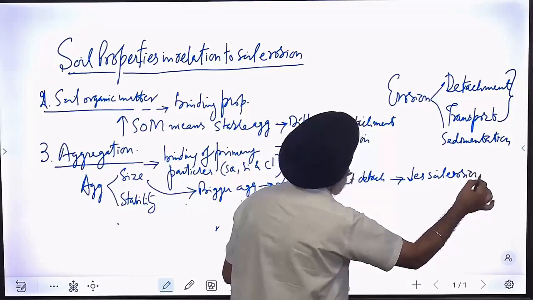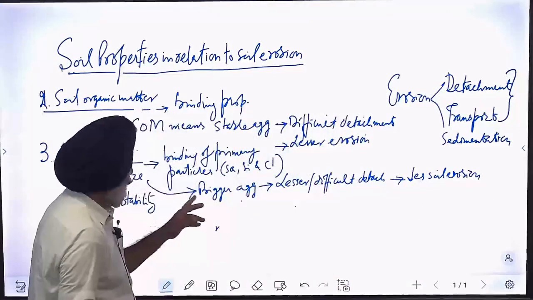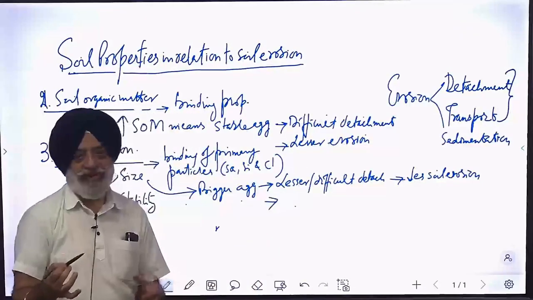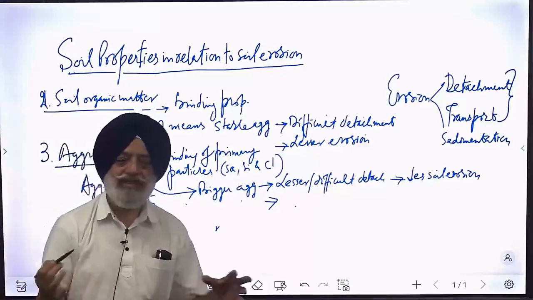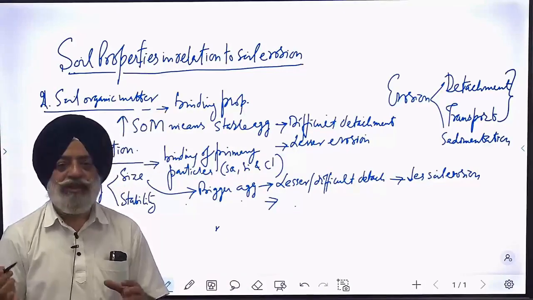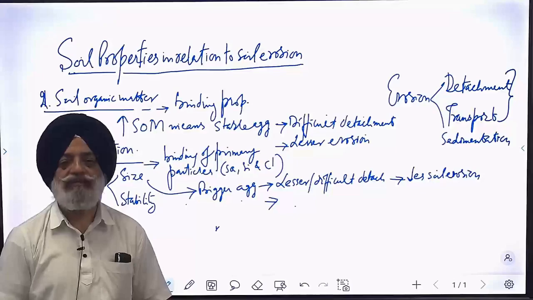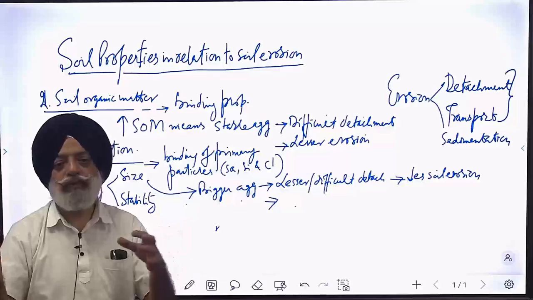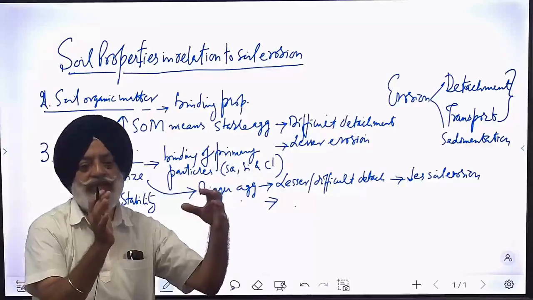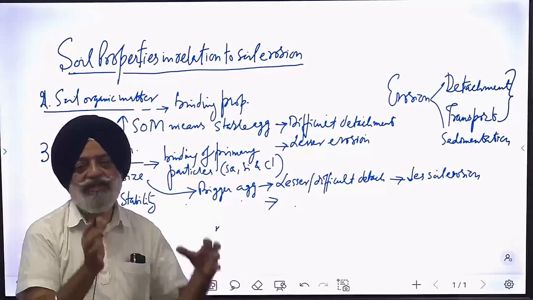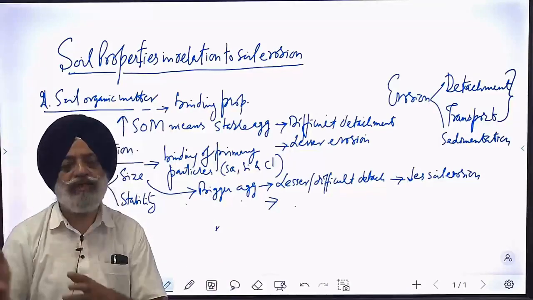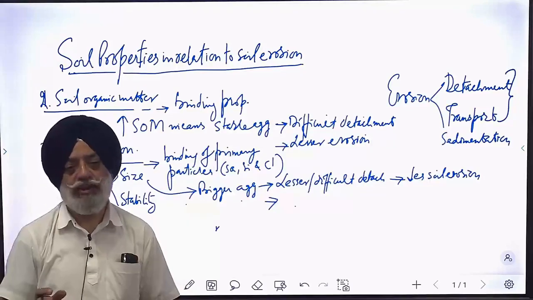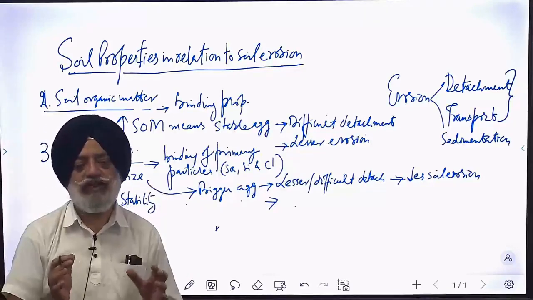The second thing is, if the aggregates are bigger, the soil surface will be rougher. In fact, I generally ask the students: you have two fields which are freshly plowed. How will you differentiate which field is sandy in texture and which field is clay in texture, without touching the soil, just by having a look at the two fields?